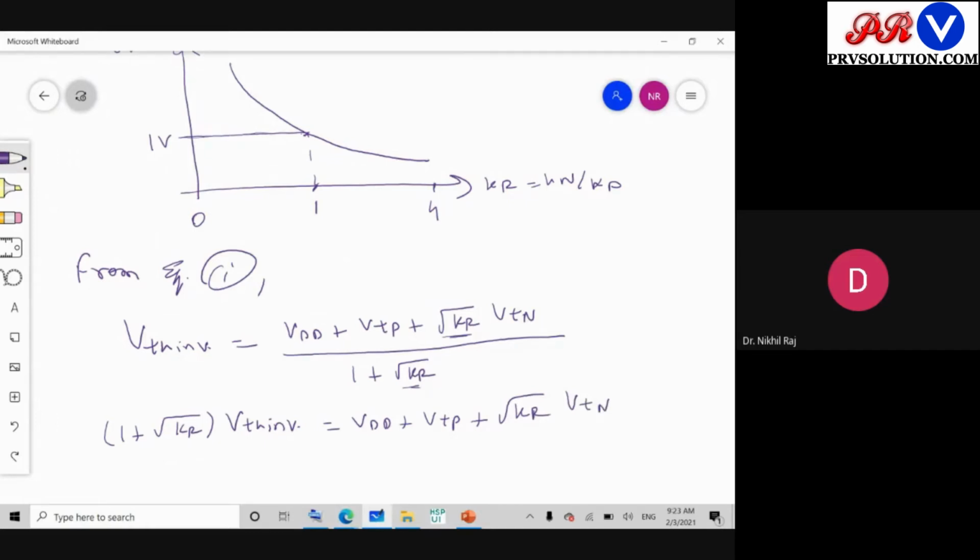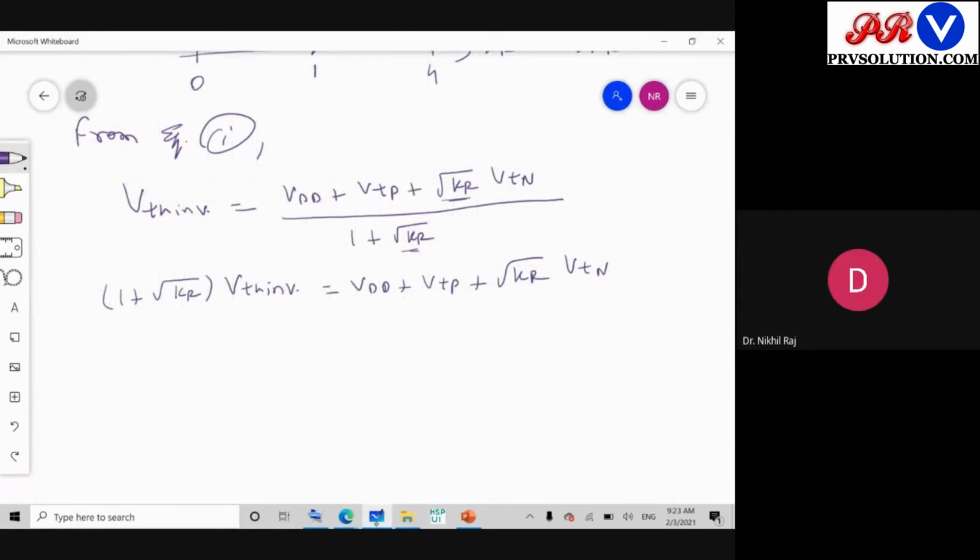Taking the square root of KR to one side, we get square root of KR times VTH of INV minus VT of N equals VDD plus VTP minus VTH of INV.